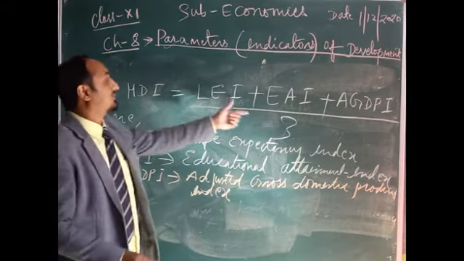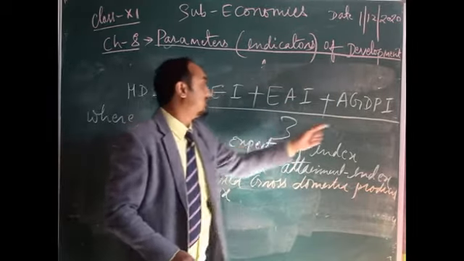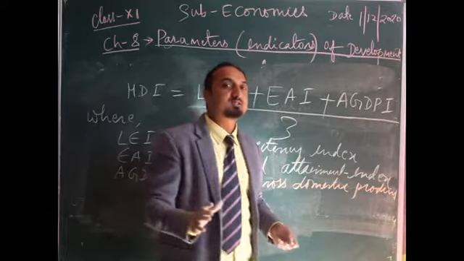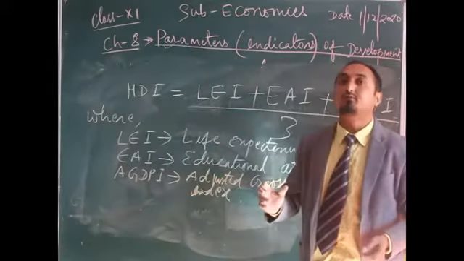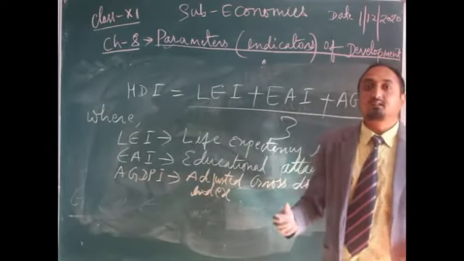When we add these three and divide by 3, LEI plus EAI plus AGDPI divided by 3, we will get the HDI. And HDI is a broader concept of measuring or indicating the development of a country.